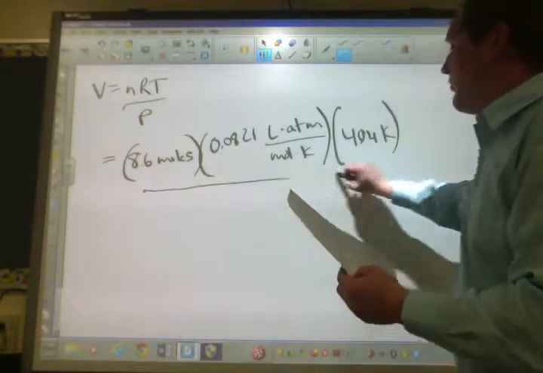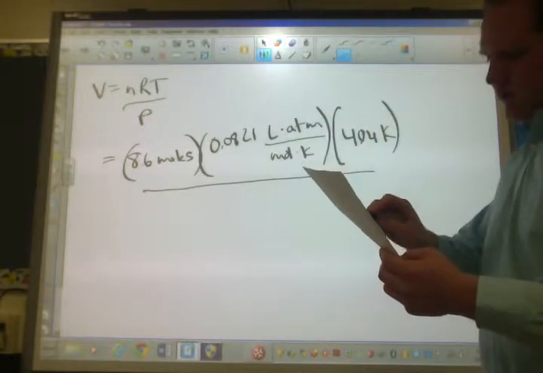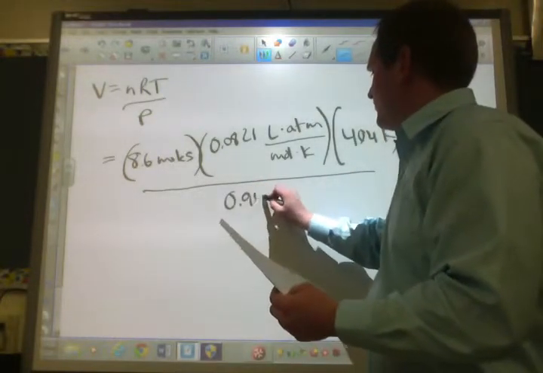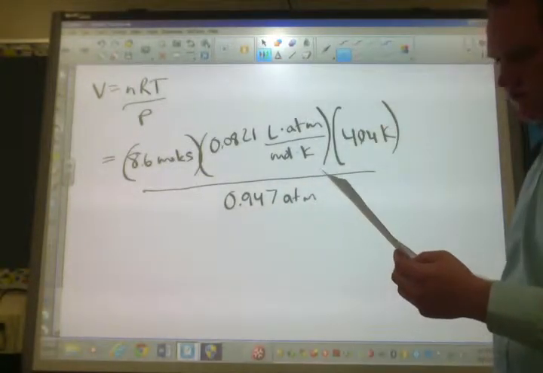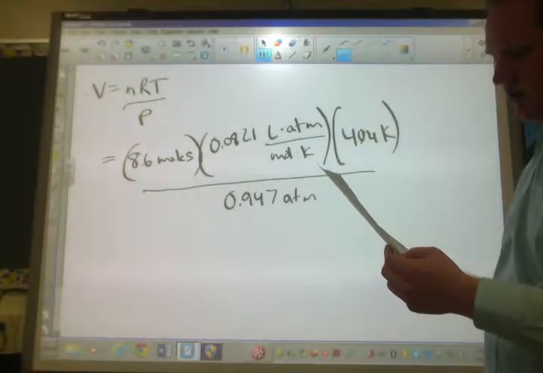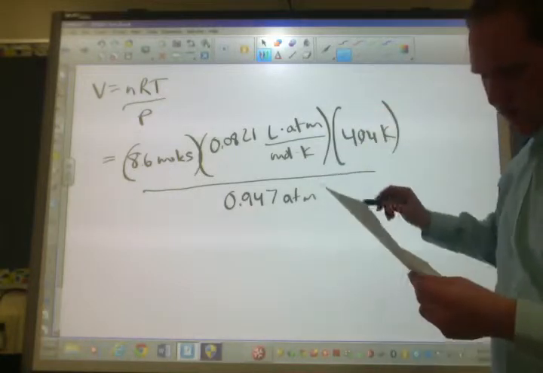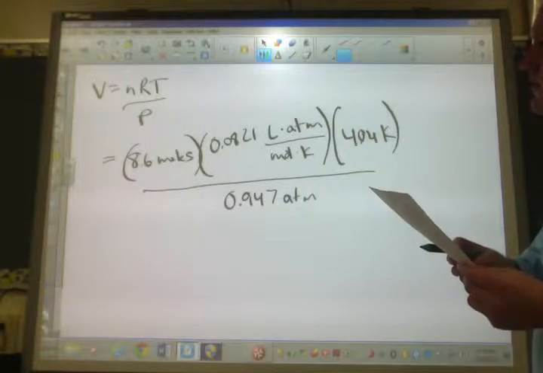We divide this by my pressure, which is 0.947 atm. That's a mistake I made. Anyway, we do this out and we get, what am I solving for here?